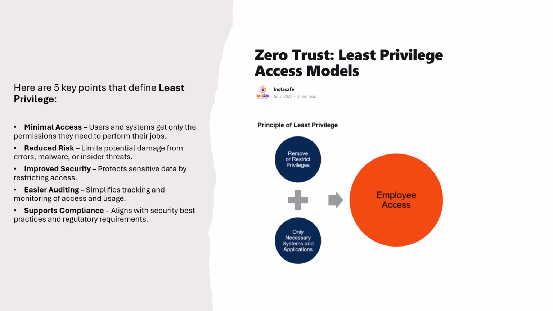So basically, you should remove or restrict privileges to only necessary systems and applications. What happens in many companies is that users move around in the company, from one position to another, and all the access that they had to systems accumulates, which is like access creep, right?